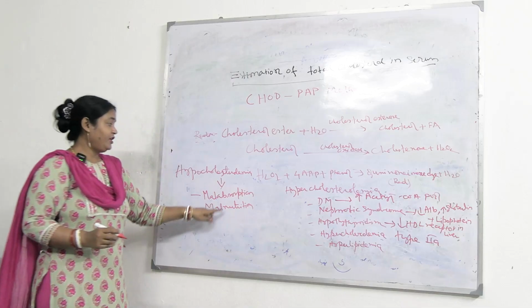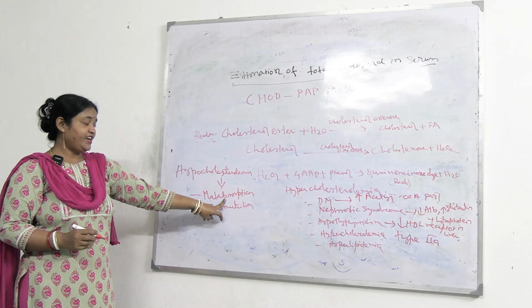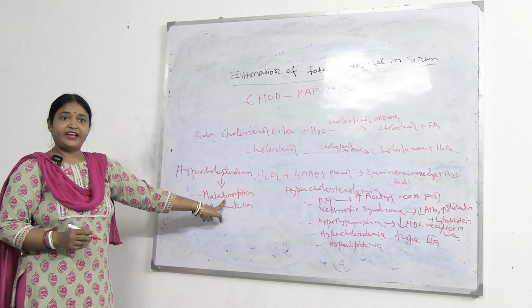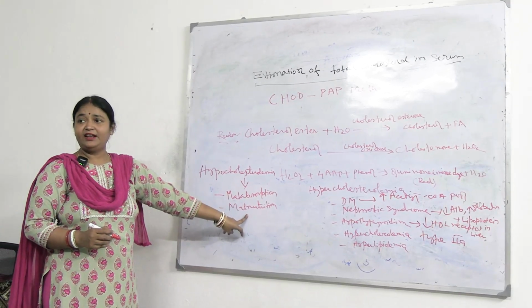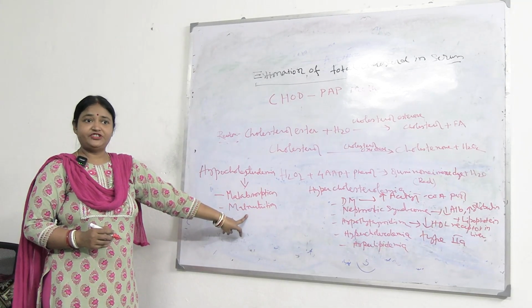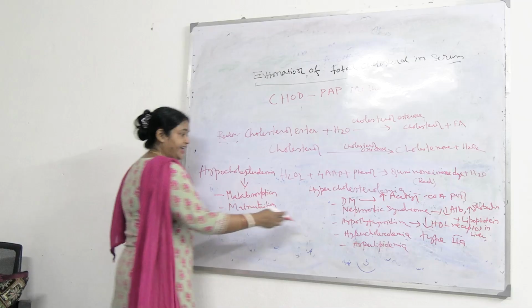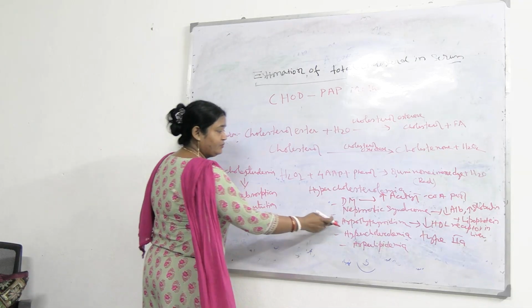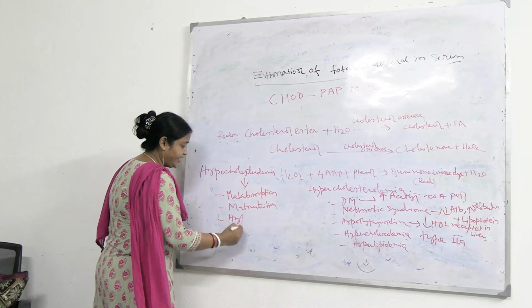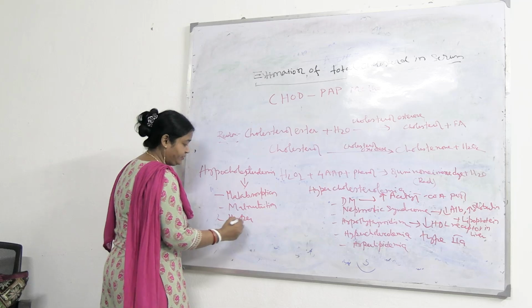The intestine is one of the sites where cholesterol is formed, so with malabsorption and malnutrition you will get hypocholesterolemia. Another thing: hypothyroidism, related to the HDL receptor, will cause hyper, and hyperthyroidism will cause hypocholesterolemia.